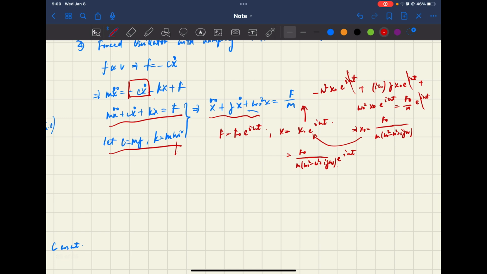I forgot to mention here, we're taking the real part of the solution, because of physical significance, and we're actually graphing the function using MATLAB or something like that, so we can see how the oscillation will behave after a certain period of time.